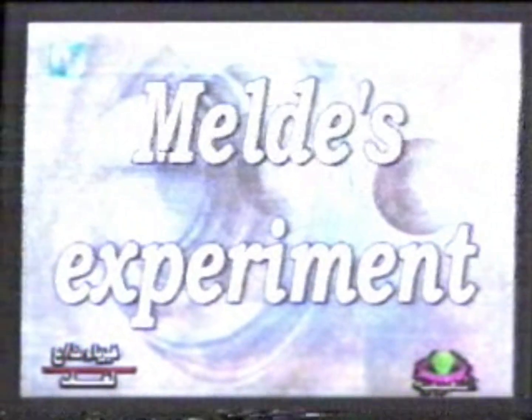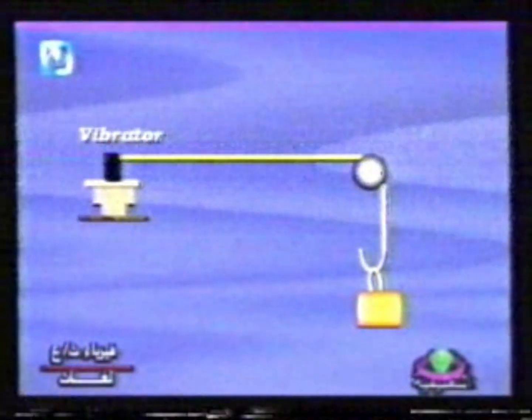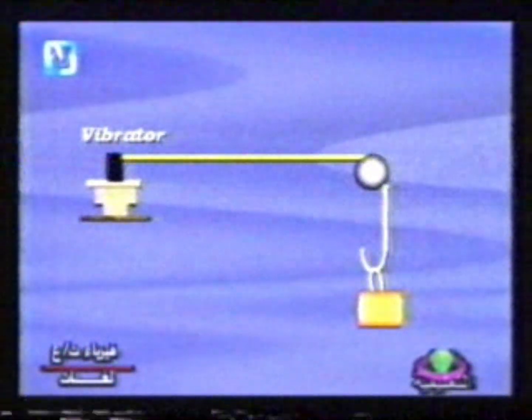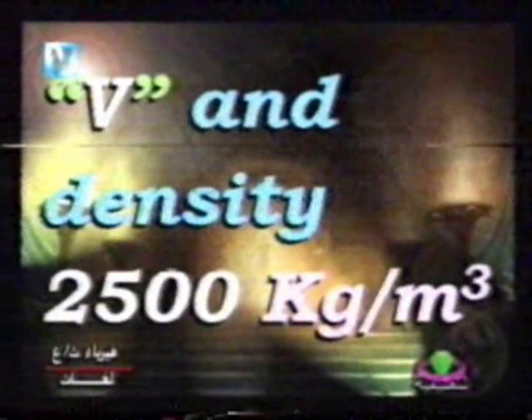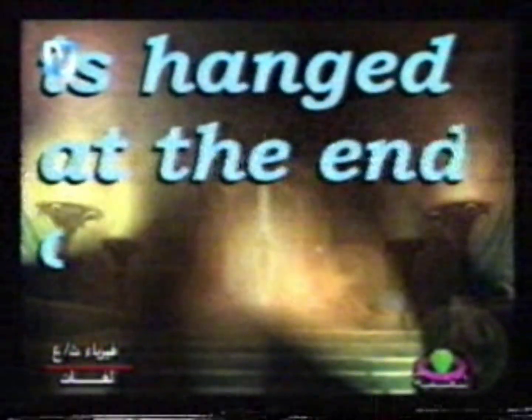The last one. In Melde's experiment, an electrically maintained tuning fork of constant frequency is used. A load of volume V and density 2,500 kg per meter cube is hung at the end of the string.